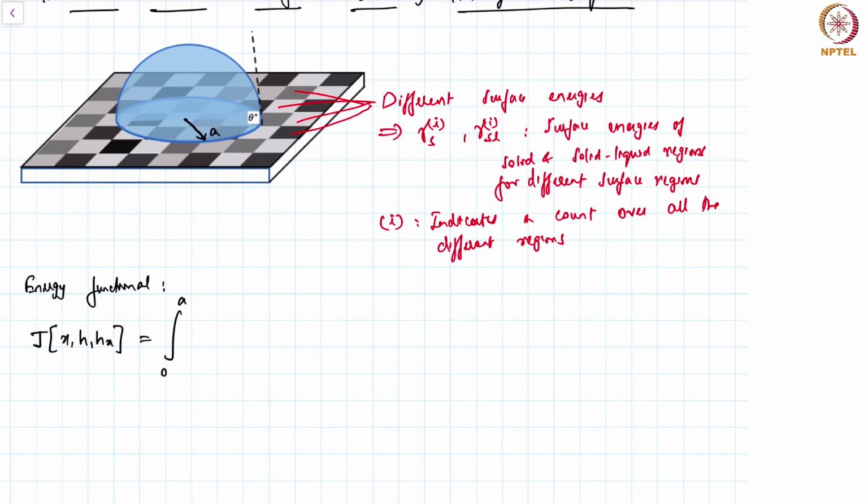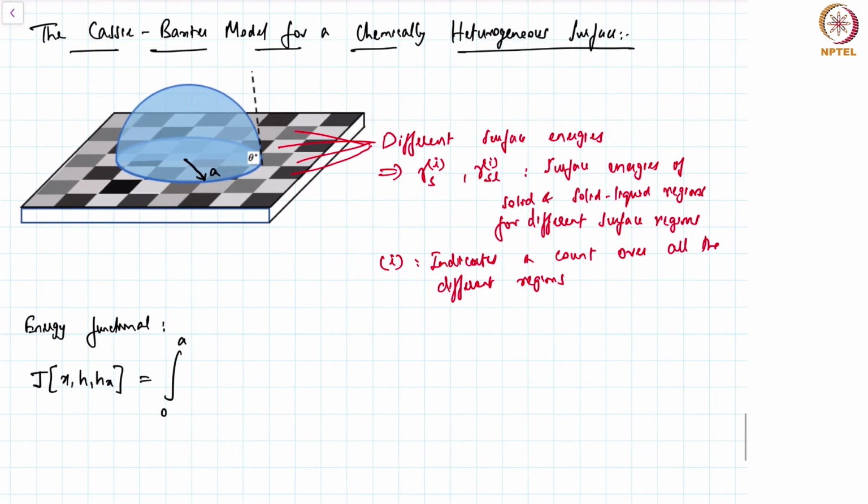This is a smooth solid surface. I should emphasize that we are talking about a chemically heterogeneous smooth surface. Okay, so we will not take undulations into account. At this point, we have 2 pi gamma x times square root of 1 plus hx square. This is the contribution from the droplet-air interface. Okay, so this does not change.